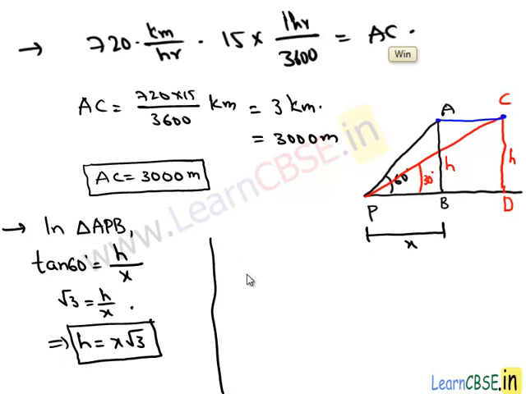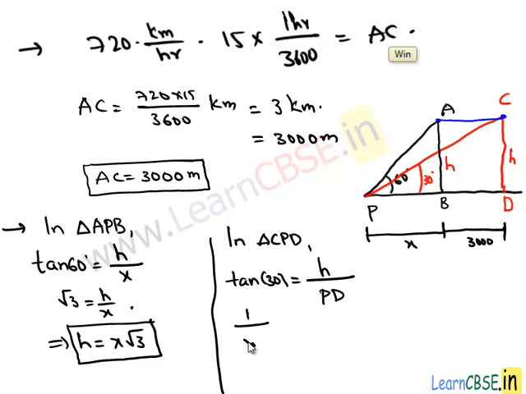So we use another triangle, which is CPD. Here we have angle 30 degrees and the perpendicular is h meters, and we know AC, that is the distance traveled by the jet, which is 3000 meters. So here we have tan of 30 degrees, which is the ratio of perpendicular, h, upon its base, which is PD.